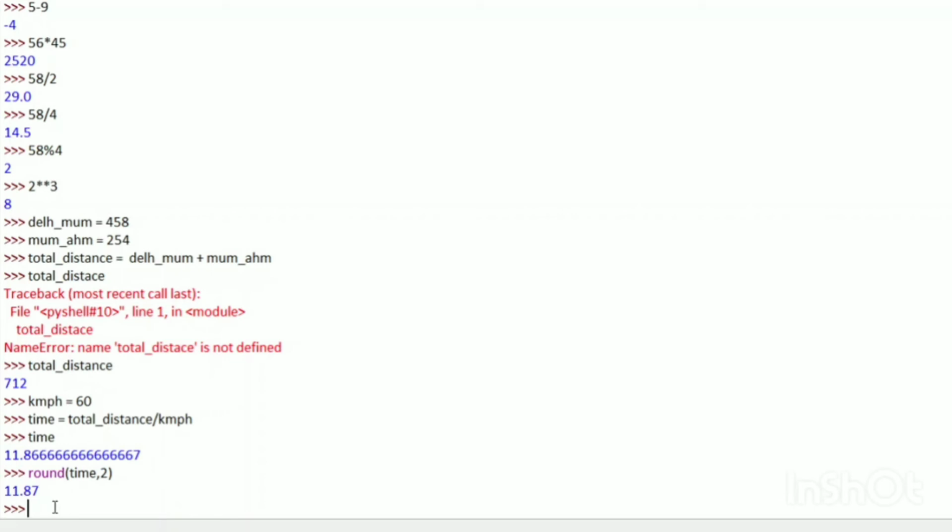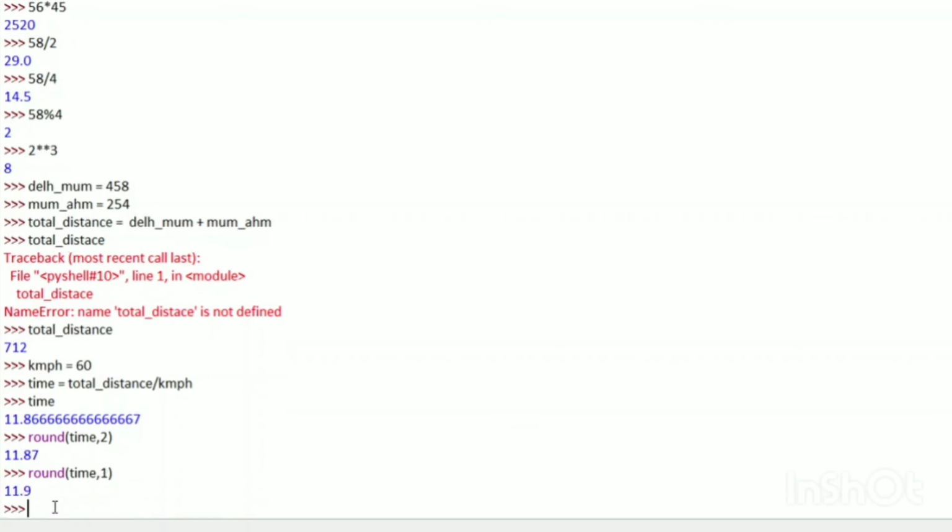So it gave me the answer as 11.87. Now let's say I only need one decimal place, so I can put time and 1, and enter, and I get 11.9. Same thing, it made the 7 a 0 and added 1 to 8, so I got 11.9.